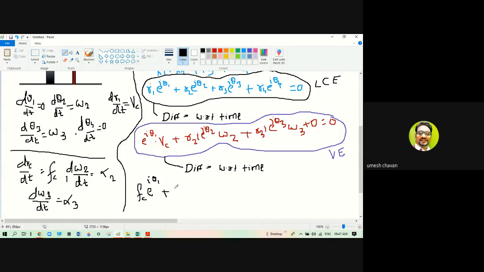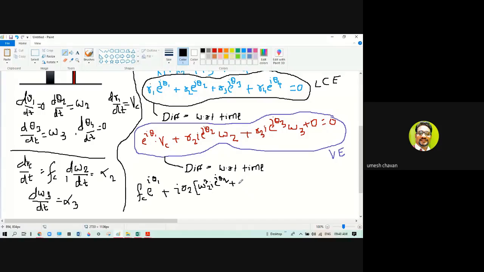So you can write i R2 in a square bracket, omega 2 e raised to i theta 2, then this is i, then again d theta 2 by dt, one more omega will come, and that will become omega squared, plus, the UV rule is applied here.